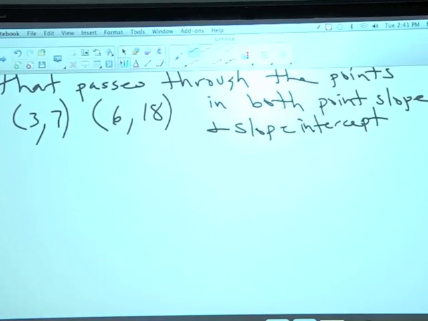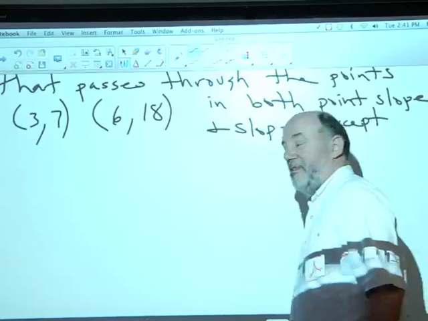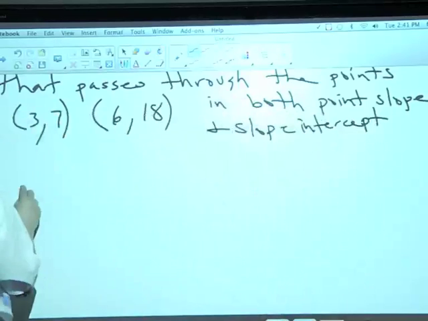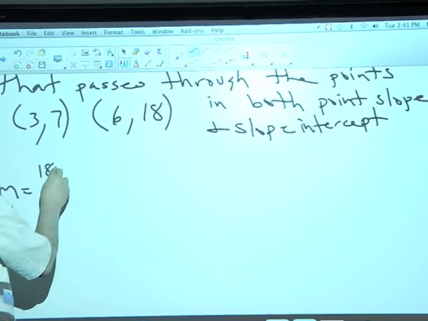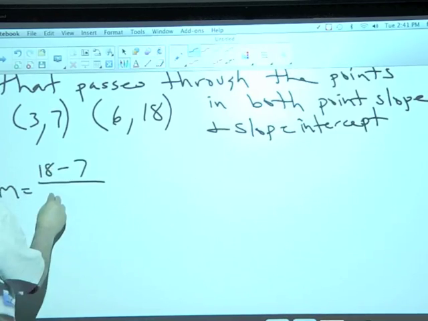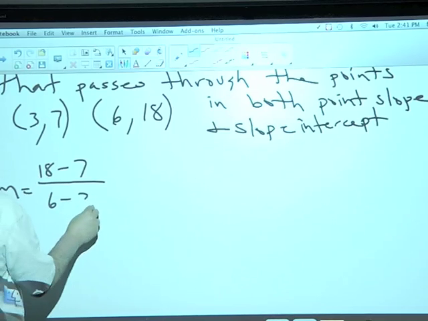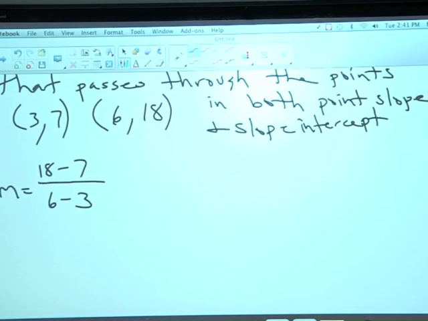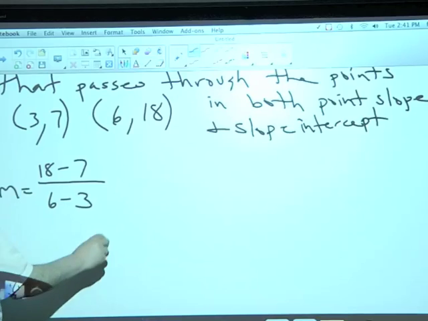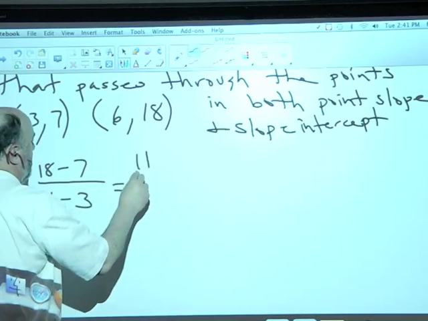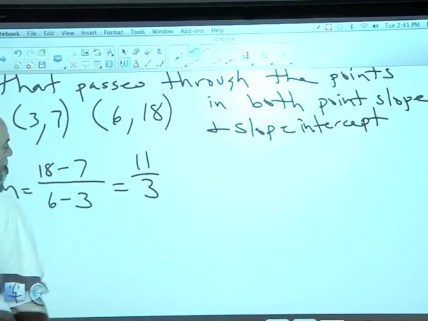So the first thing I need to do is find the slope. Okay? So my slope, m, is going to be 18 minus 7 over 6 minus 3. And that comes out to be 11/3. Next thing, pick a point.